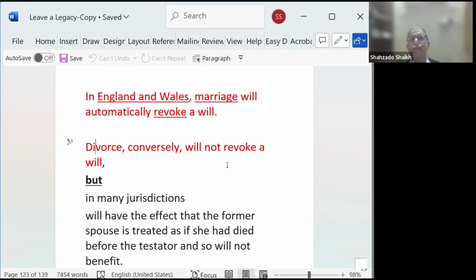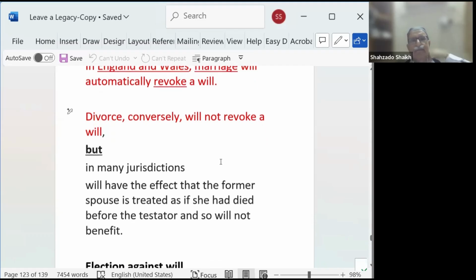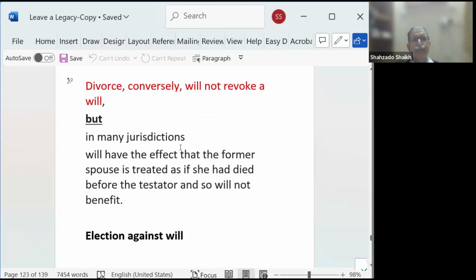He might think that I have divorced the wife, now the wife has no right on me, but it is not revoked. But in many jurisdictions, and one has to be careful to know the situation in each jurisdiction, the will has the effect that the former spouse is treated as if she had died before the testator and so will not benefit.